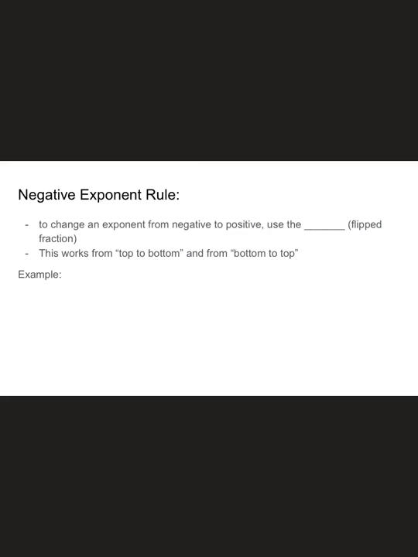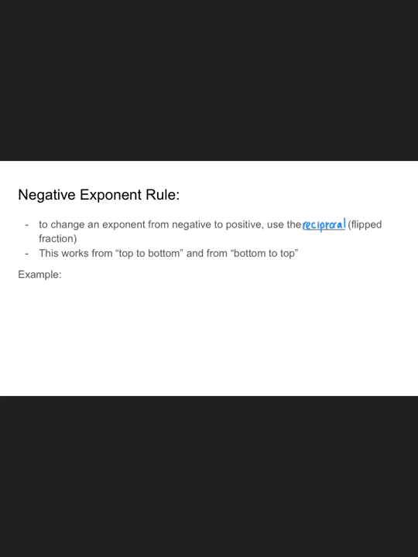We can sum this up nicely in the negative exponent rule. The negative exponent rule just tells us that to change an exponent from negative to positive, we're going to use the reciprocal. The reciprocal is a flipped fraction. So we take our fraction, whatever it may be, and we flip it over, and that is how you find the reciprocal.